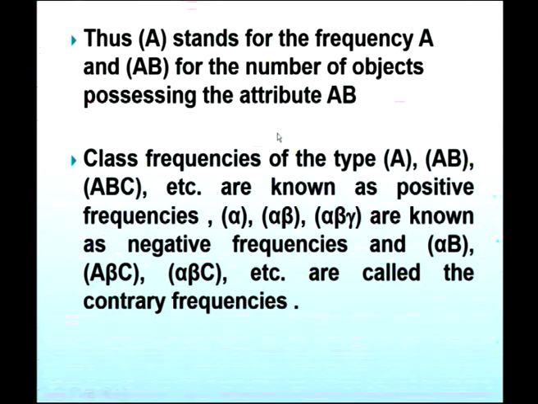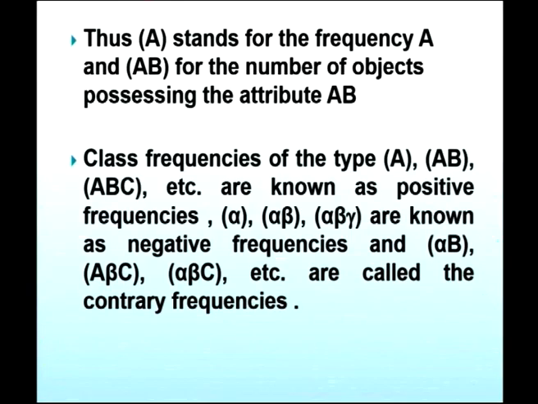Class frequencies of the type A, AB, ABC, etc. are known as positive frequencies. Similarly, alpha, alpha beta, alpha beta gamma are known as negative frequencies, and alpha B, which is a combination of possession and non-possession, are called contrary frequencies. So, bracket A, bracket AB, bracket ABC are called positive frequencies, being the possession of the attributes.